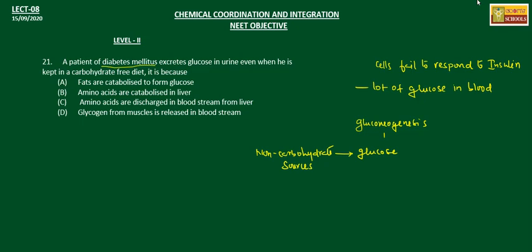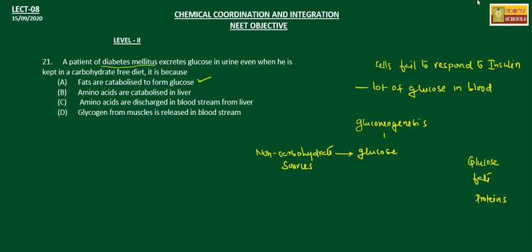In starvation, the body first tries to use the glucose, and once that is finished, it converts the fats into glucose, and lastly the proteins. Now, fats are catabolized to form glucose. Yes, so this can be an answer.